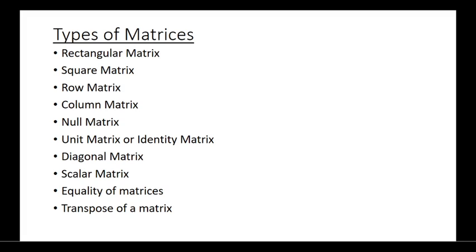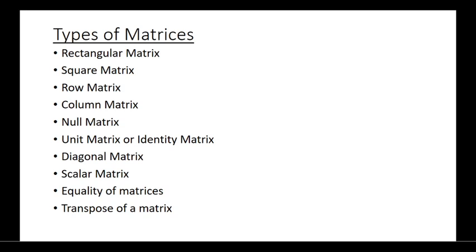Next we go for equality of matrices. Any two matrices are said to be equal if and only if they satisfy two conditions. The first condition is that the matrices have the same order.